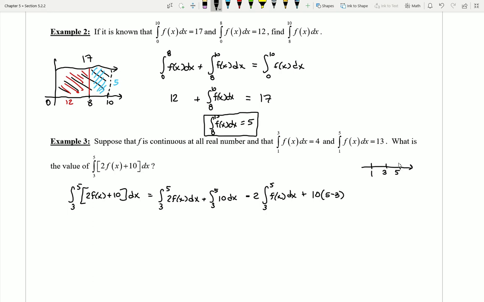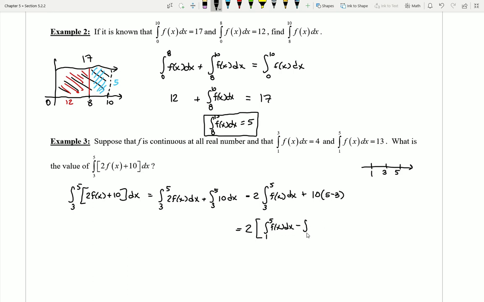Another way to think about it is, if I find all the area from 1 to 5 and erase the area from 1 to 3, I will be left with the area from 3 to 5.